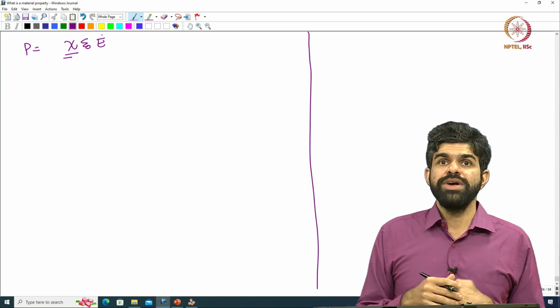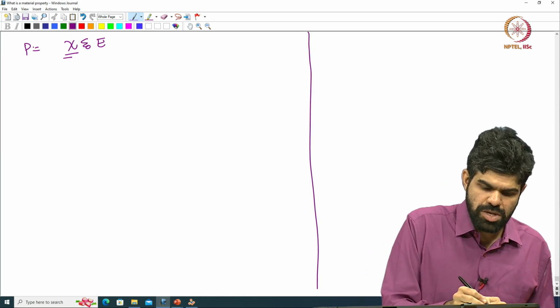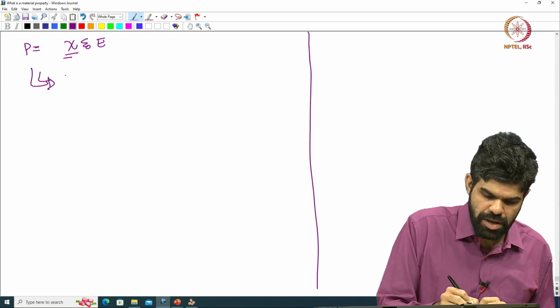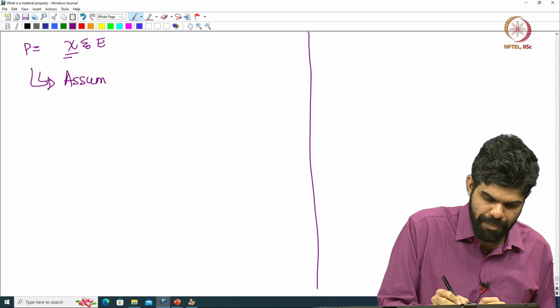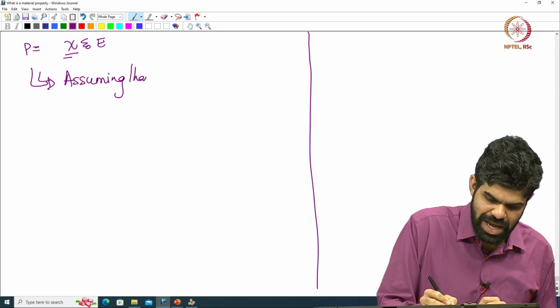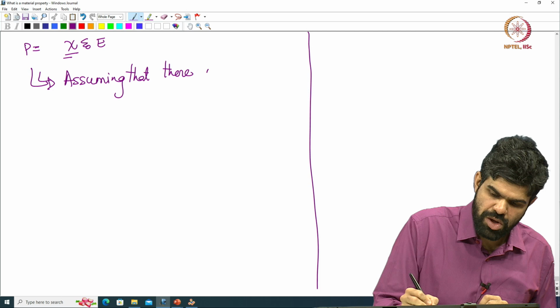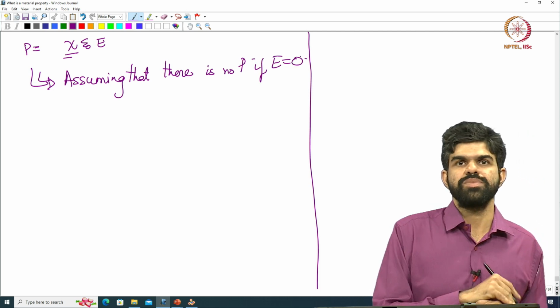Now it turns out, here I am assuming that there is no polarization if E equals 0.